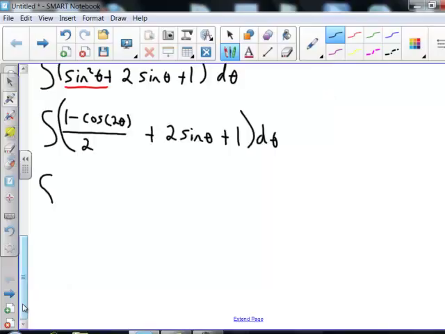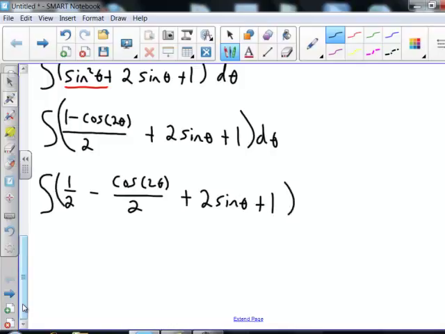Alright, so this is the integral of, I'm going to rewrite this just a little bit. This is 1/2 minus the cosine of 2 theta, all that over 2, plus 2 sine theta plus 1, all that d theta.